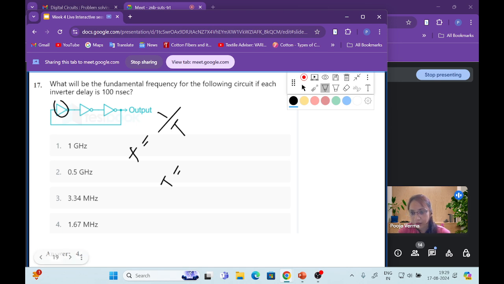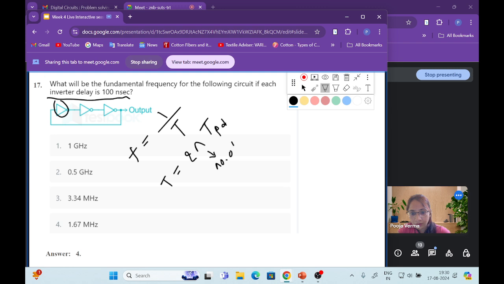For this feedback type of circuit, where multiple NOT gates are connected in the feedback loop, we will find it by this formula: T equals 2 n TPD, where TPD is the propagation delay or gate delay. Here the inverter is the gate, so the gate delay is given as 100 nanosecond. That means TPD is 100 nanosecond. N is the total number of logic gates.